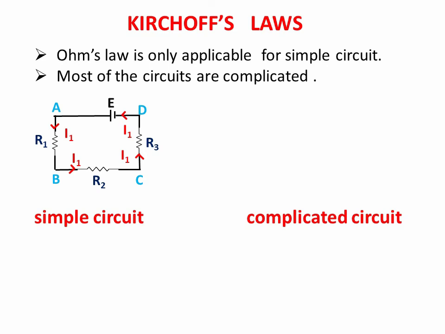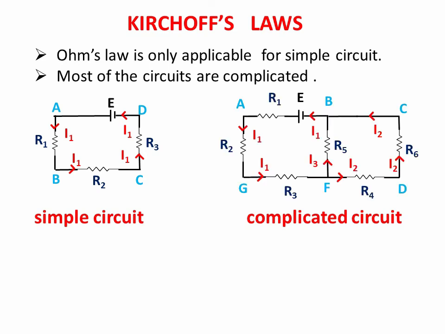In the case of a complicated circuit, according to this figure, there is only one battery and many resistors connected in series and parallel. Sometimes batteries may be connected in between B and C like this. This is a complicated circuit. In this diagram we cannot apply Ohm's law.